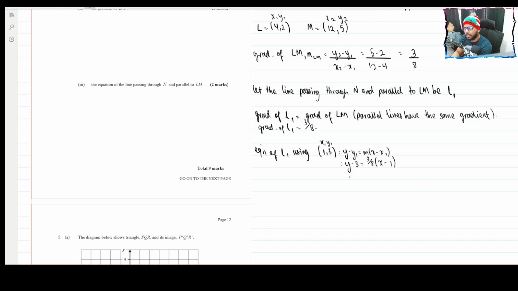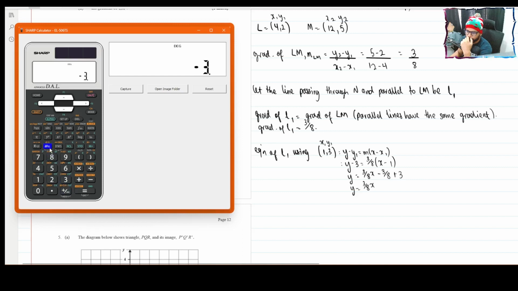I'll expand and rearrange one time. Y is 3/8 x, take away 3/8 plus 3. Y is 3 over 8 x minus 3/8 plus 3, which is 2 and 5/8 or 21 over 8.